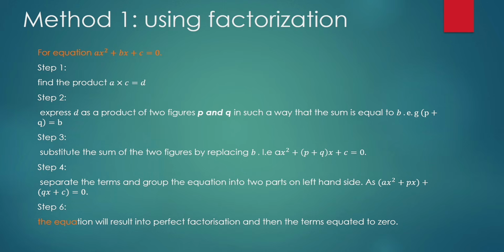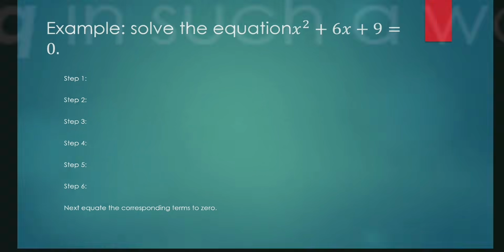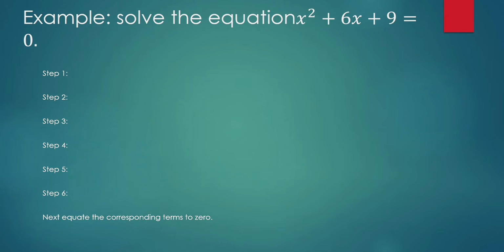Then for step 6, the equation will result in a perfect factorization, and then the factors can be equated to 0. So let us check an equation: solve x squared plus 6x plus 9 is equal to 0.